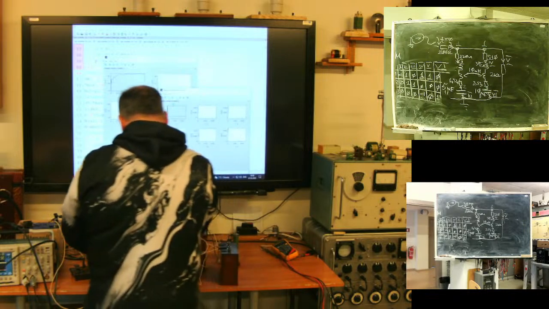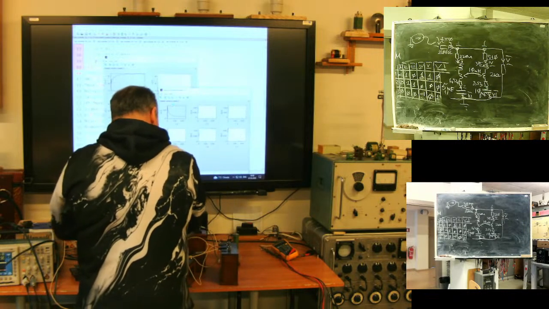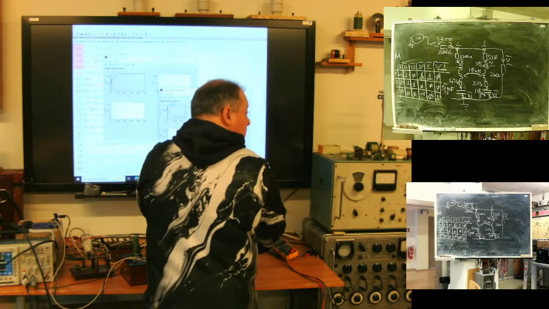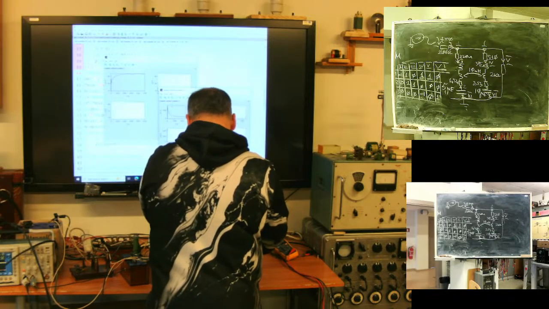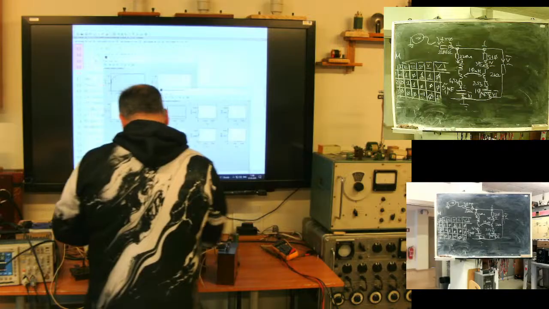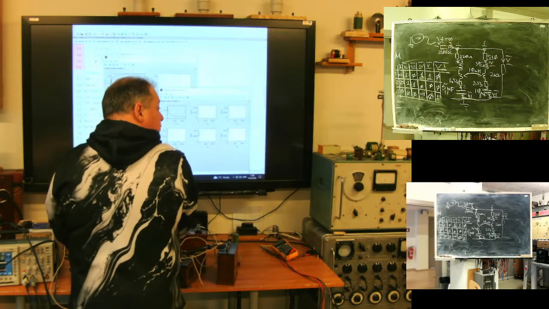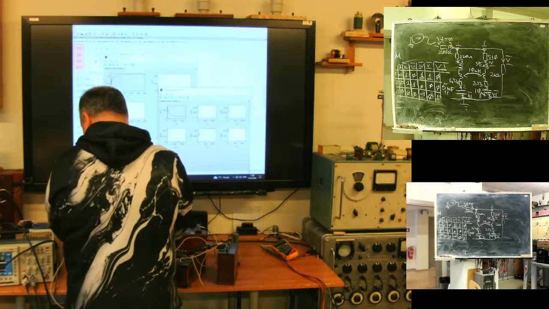Yellow one will be node 3 and blue one will be node 2.